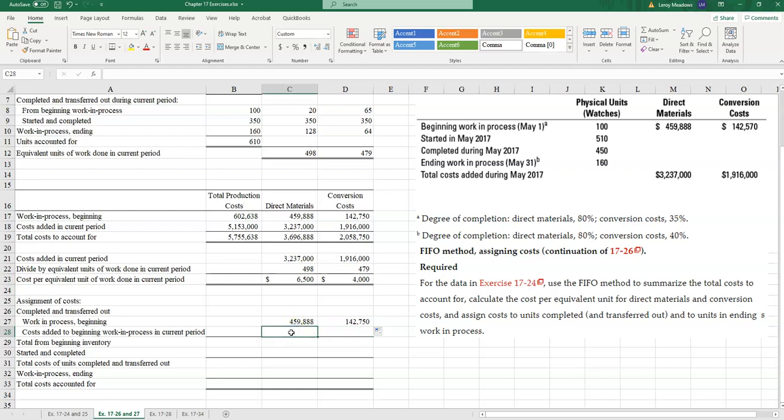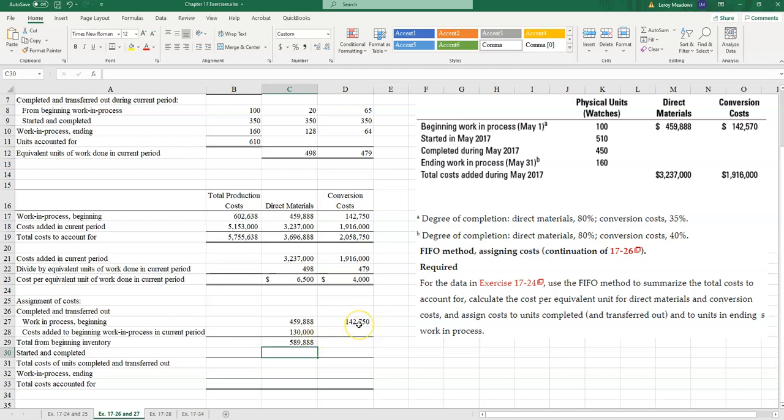So I'm going to take my cost per equivalent unit of work done in the period for direct materials, the $6,500, and multiply that by the 20 equivalent units I added this period to my direct materials, and that will give me a cost of $130,000. So what are the totals from beginning inventory? The total beginning inventory costs are going to be $589,888.